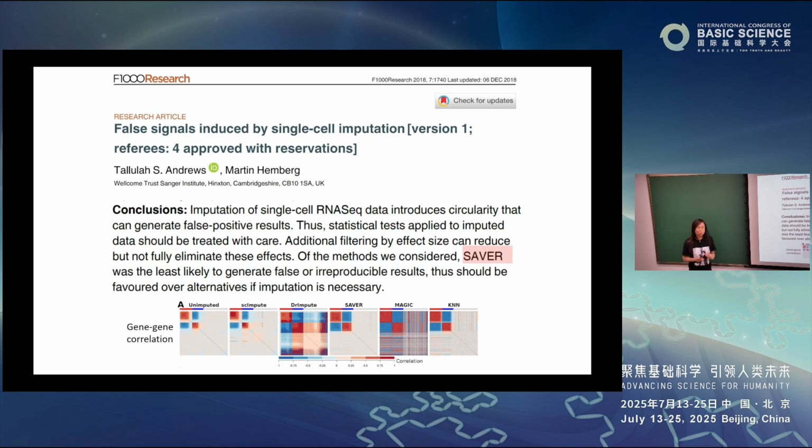If you don't do it well, you can generate a lot of false positive results, meaning you generate spurious structure in the data. So they say, don't do it unless you know what you're doing. But out of all the existing methods, SAVER is the one which can recover the underlying structure without the false positives.